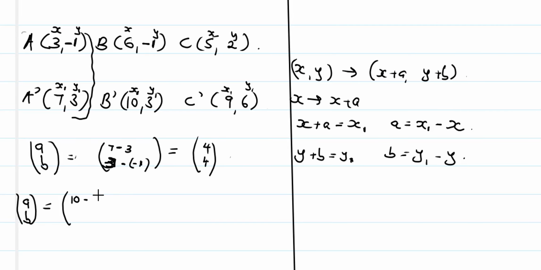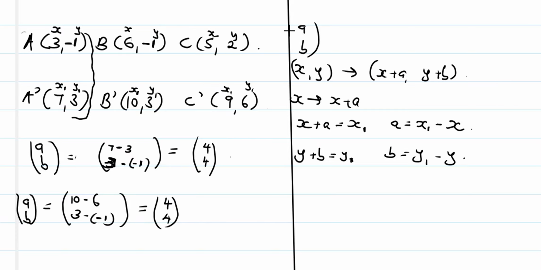Then y1, which is 3, minus our original y, which was -1 on b. So 10 minus 6 is 4, then 3 minus -1 will still be 4. So b is okay.